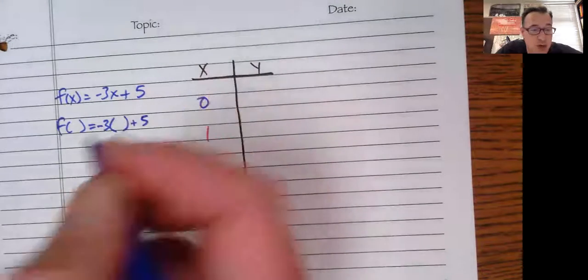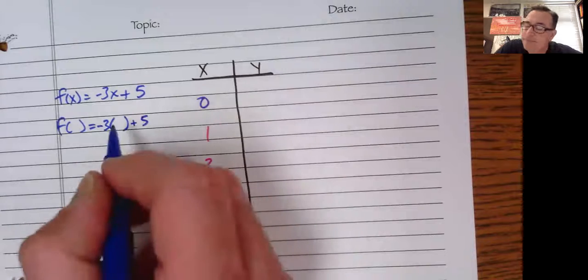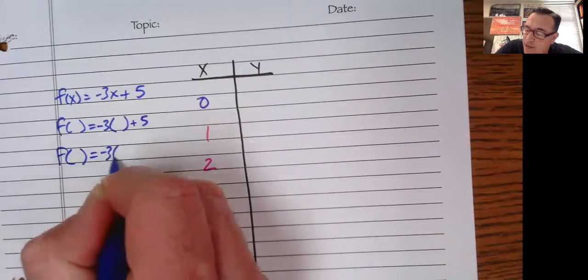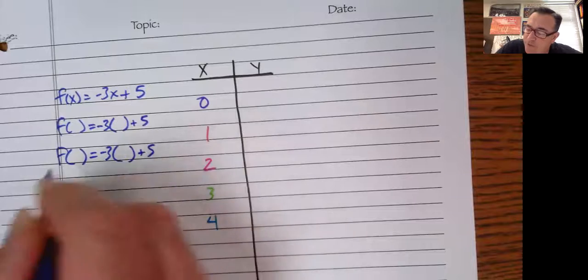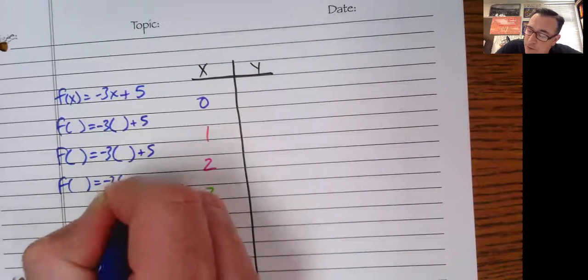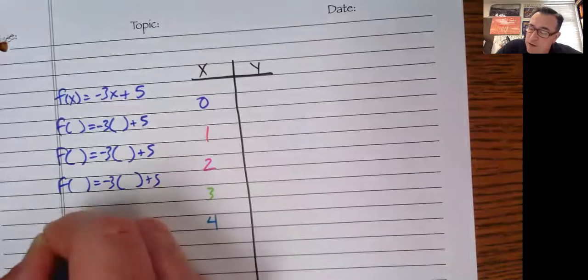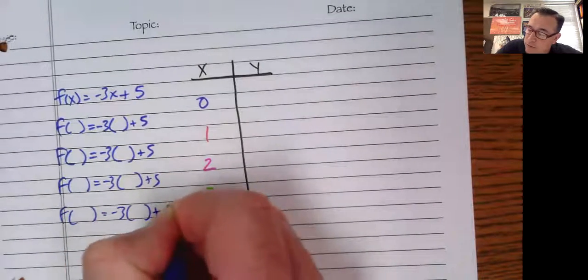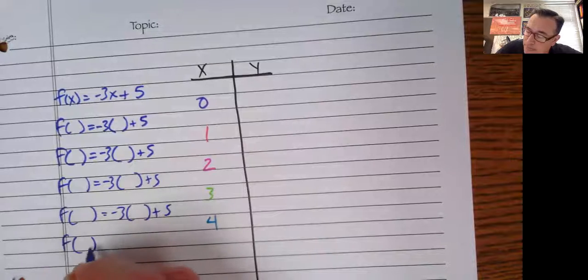So before I just added 2 or multiplied it by a number, but now you've got 2 spaces for it. So you want to make sure that you have the space for that in each of these cases. And I'll do this for all 5 of them. And one more.